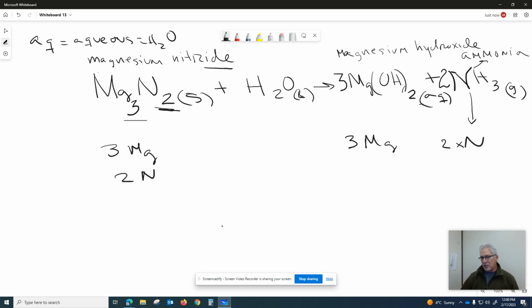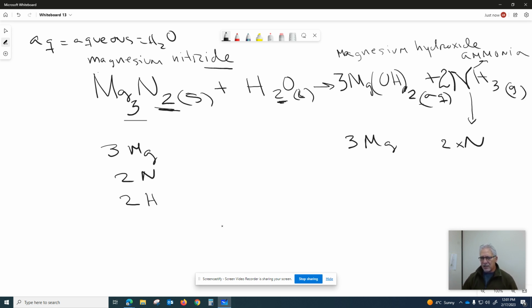Next thing is checking the remaining elements, which are hydrogen and oxygen, and I will do the following. Let's start. I had 2 hydrogen on the left. How do I know that? So screen number 2, 2 hydrogen. And I had 3 times 2. We had to multiply the 3 times the 2 outside the parenthesis, because everything in the parenthesis is affected by the subscript.